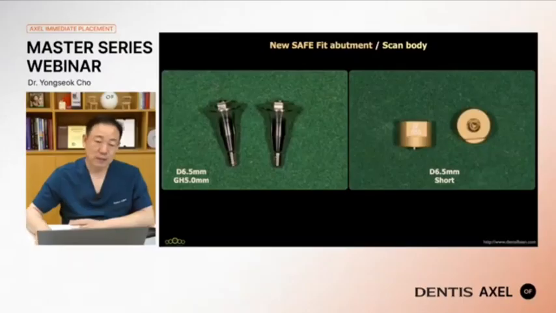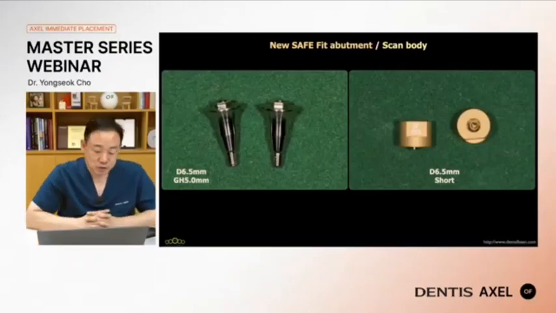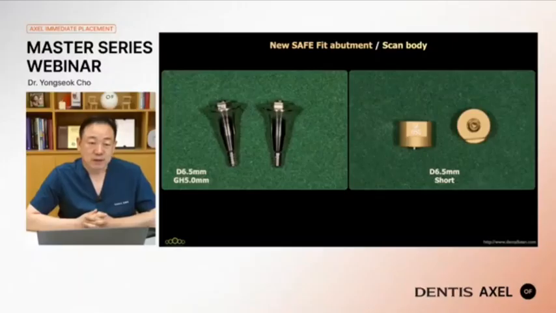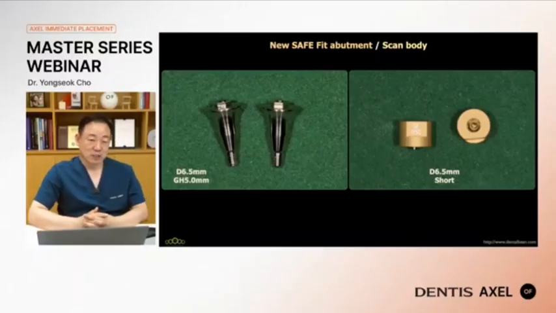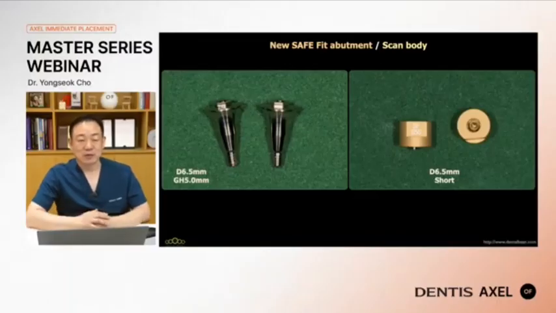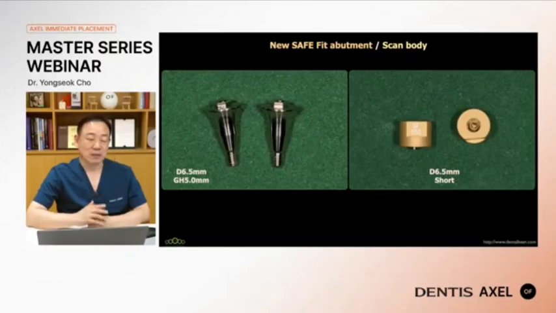And this time, Dr. Kim used the new safe fit abutment. Currently, cement-retained restoration is very popular in some groups, but in Korea, there are some dentists who like to use cementless abutment because of a clean soft tissue condition after restoration and easy maintenance.